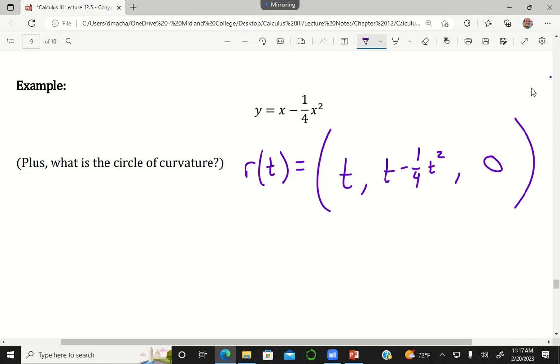Since my z is a constant 0 value, that places the whole parametric curve in the xy plane. And you can see how this is equivalent. If I set x equal to t, then I could eliminate the parameter, just replace t with x, and that's how you get your equation for your y coordinate. And so this is the same.